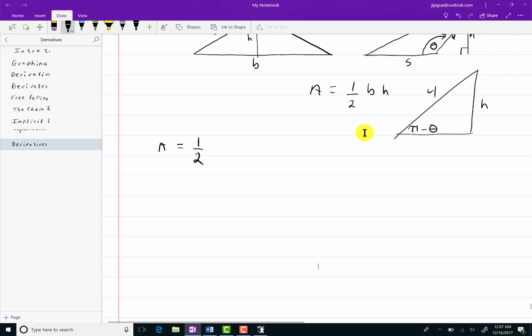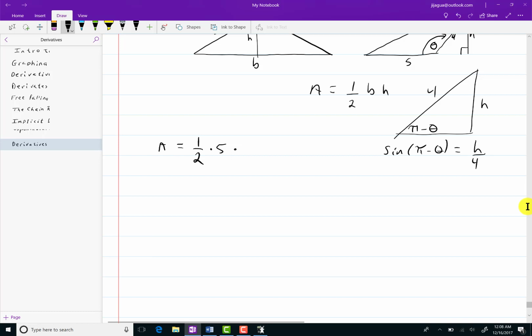the base was 5, and then h. I can connect all of these using sine. The sine of this angle equals opposite over hypotenuse. So I can do sine of pi minus theta equals opposite over hypotenuse.